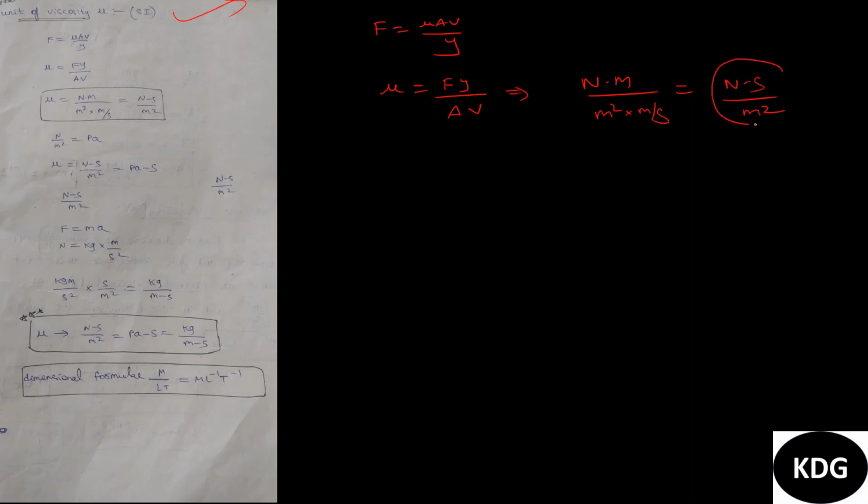For SI units, the viscosity unit is Newton second per meter square. Next, the unit of viscosity in CGS units will be gram per centimeter per second, which is also called poise.